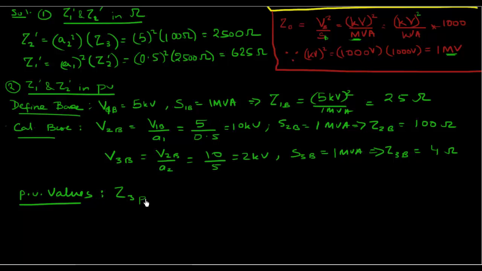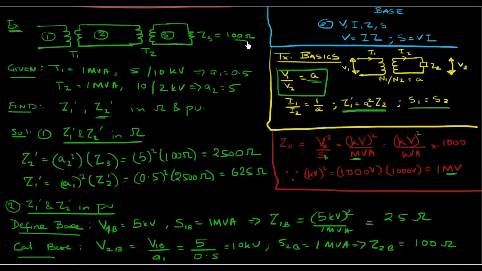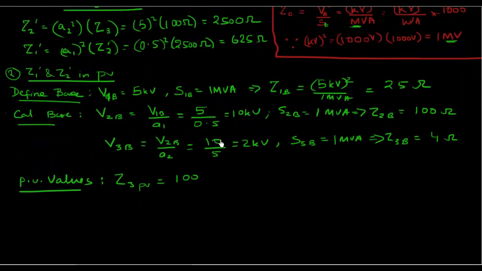Let's calculate them. Z3 per unit would become 100 ohms, because that's the actual value. If you go up here and see the circuit, 100 ohms. So that would be 100 over this base of 4, which gives me 25 per unit.